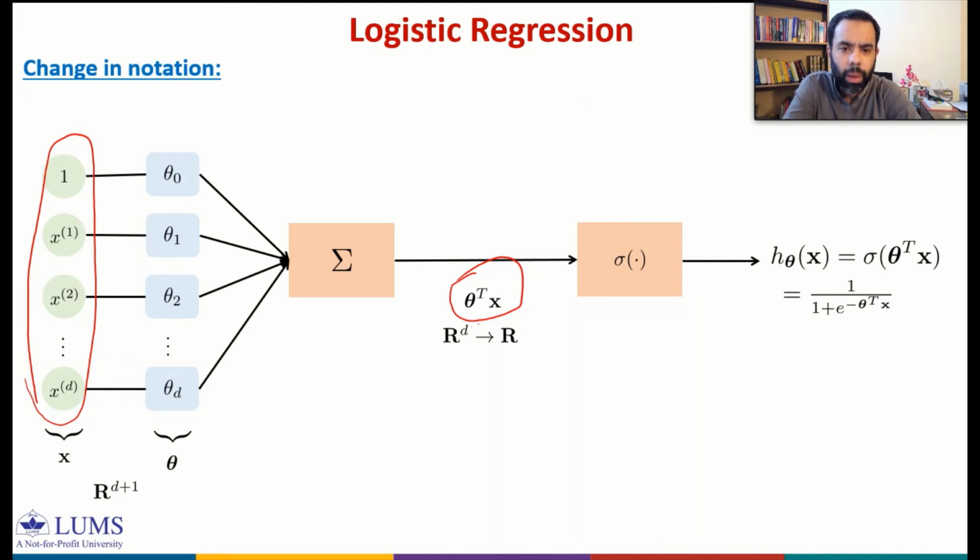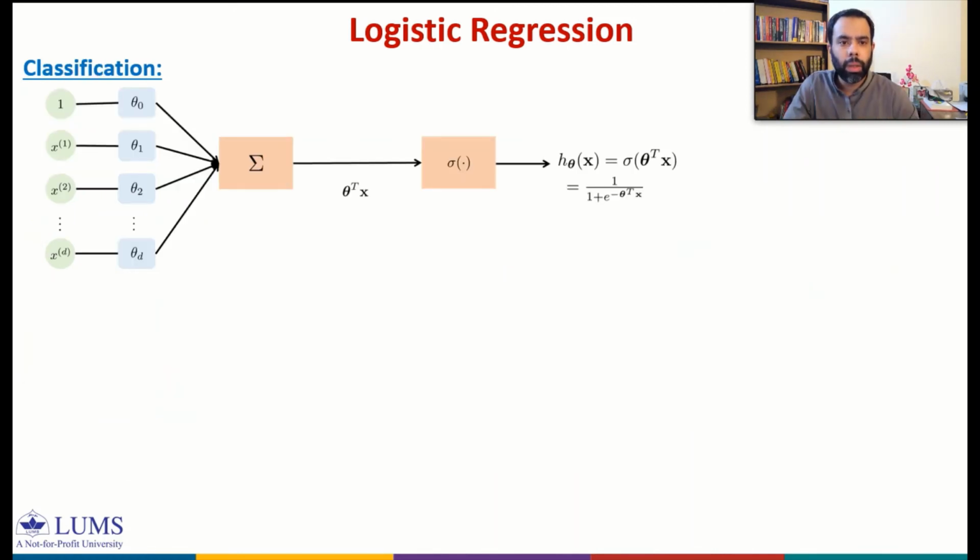Then you pass this inner product, this weighted sum, through the logistic function, and what we get is the final form of our hypothesis function h theta of x. Okay, so from this slide onwards, we will stick to this notation. Input x contains the features, and theta contains the parameters: for a d-dimensional feature space, we have d plus 1 parameters.